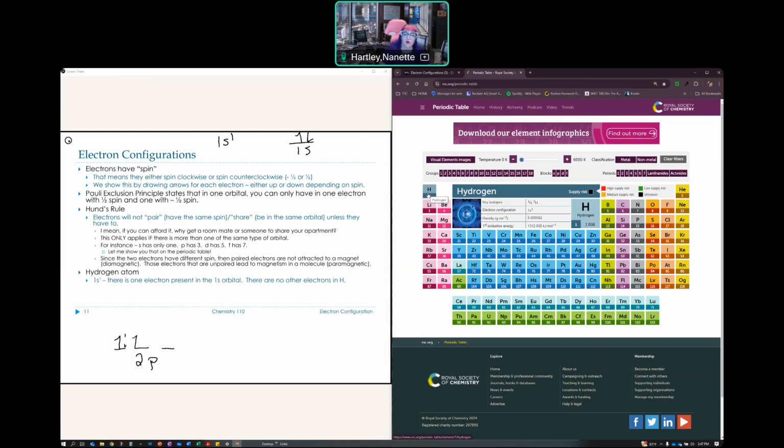Okay, so we are going to do it that way. We won't pair unless we have to. So until I get 3 of them in there, well, technically till I have 4, then pair. We always draw it in the first one. That's just, again, a convention. But I don't pair unless I have to.